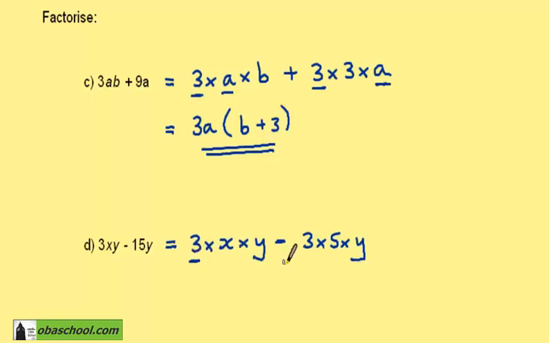We have a 3 in each term, and we have a y in each term. So we can write down 3y, open a bracket. In the first term we're left with x, we then have the minus sign, and in the second term we're left with 5.